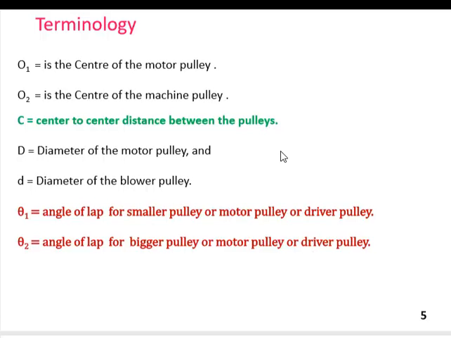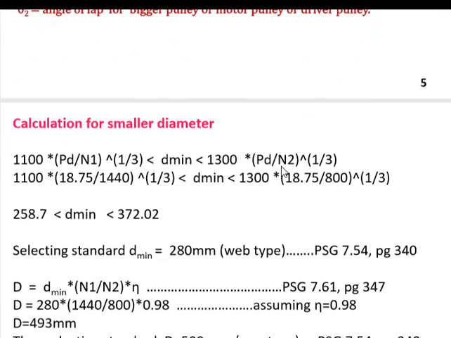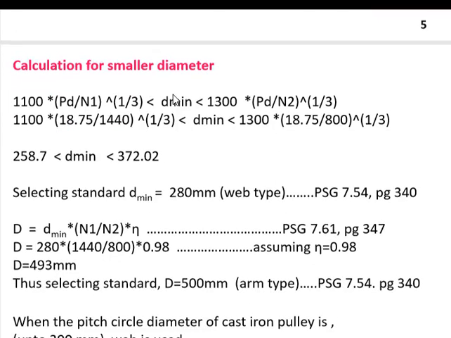We'll start with calculating the smaller diameter, and the smaller diameter is calculated by the Severin equation. This particular formula is not there in the PSG design data book. We say that 1100 cube root of PD by N1 is on the left side, and on the right side we have 1300 cube root of PD by N2.